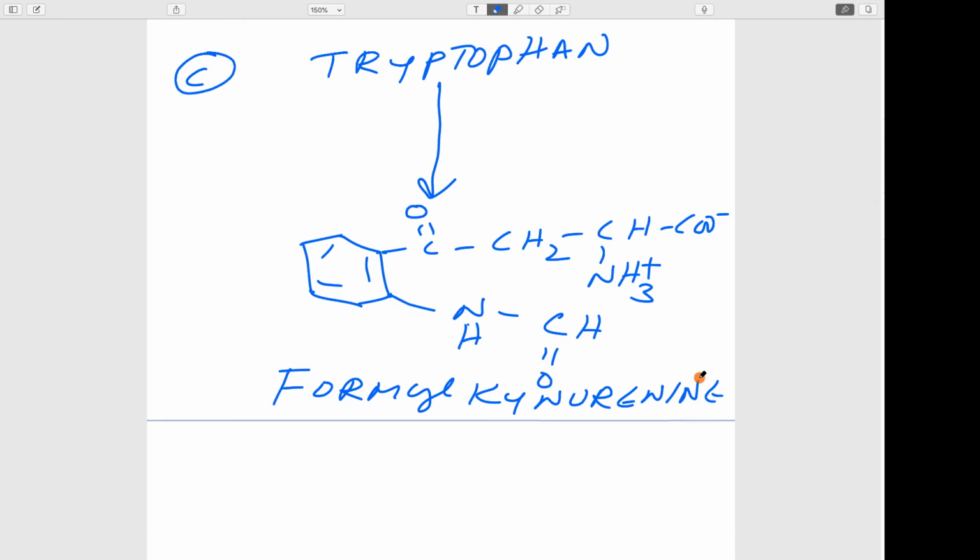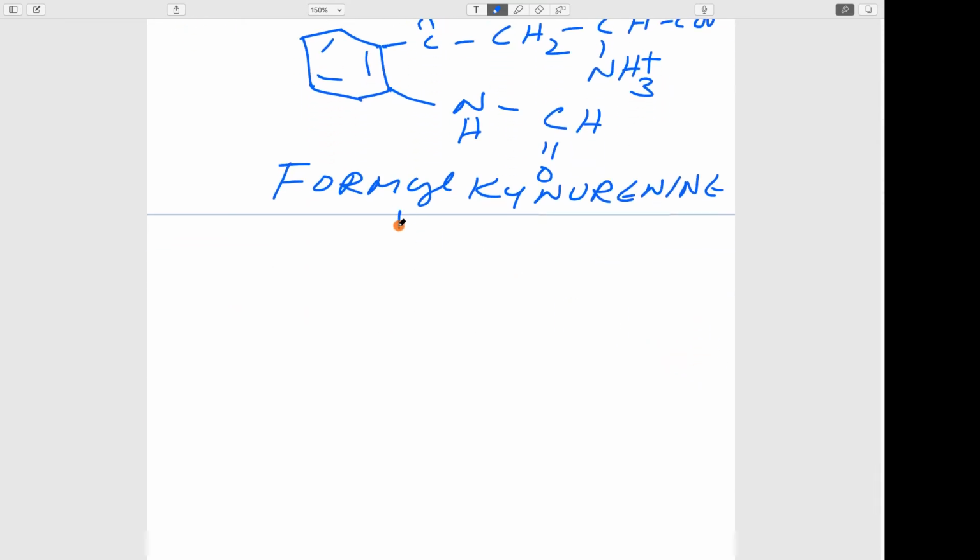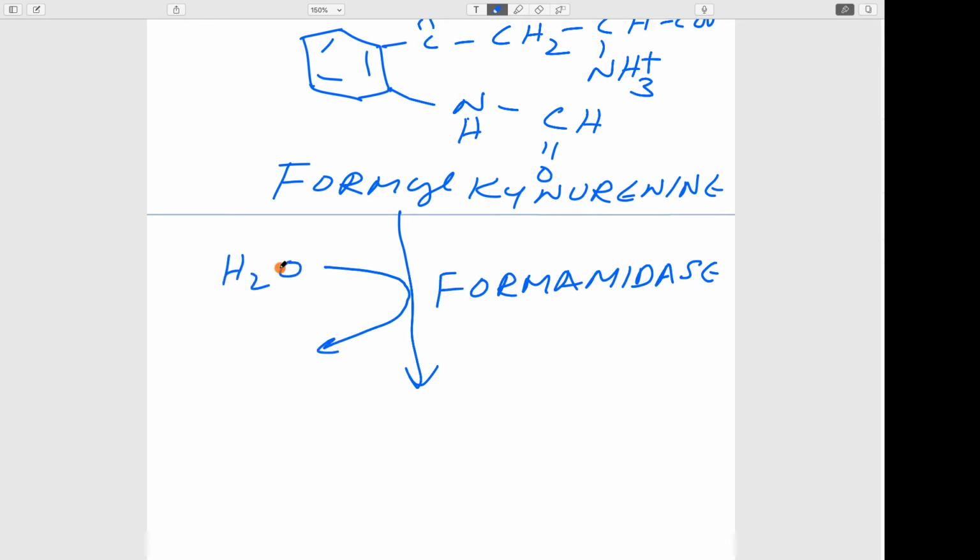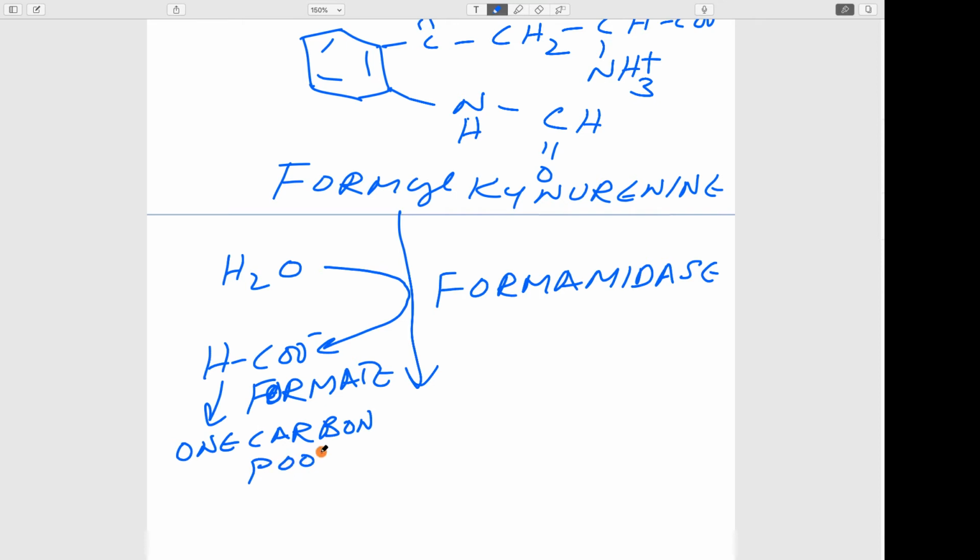This formylkynurenine, by the action of formamidase in the presence of H2O, releases the formate group, which goes to the one carbon pool, leading to formation of kynurenine.